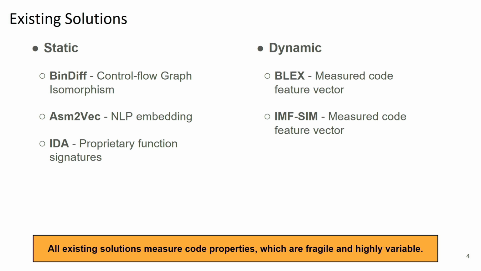However, both static and dynamic solutions use the same underlying principle, as in they measure code properties and assume that similar code properties imply similar functionality. However, as we saw in the previous slide, these code properties are highly variable and are very fragile when you just change one particular part of the compilation environment.